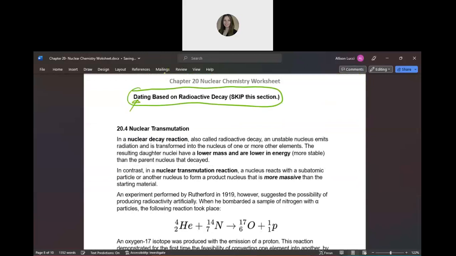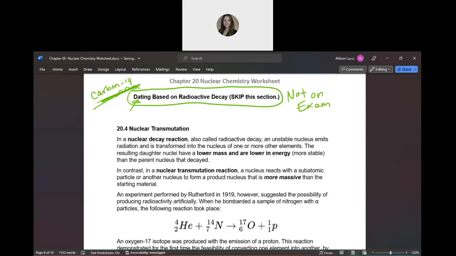They use a certain isotope, carbon-14, to date organic things, rather, living things can be dated using carbon-14, and then other elements, uranium ratios, are used to date geological things like rocks. But we're going to skip this section. You will not be responsible. This is not on the exam.